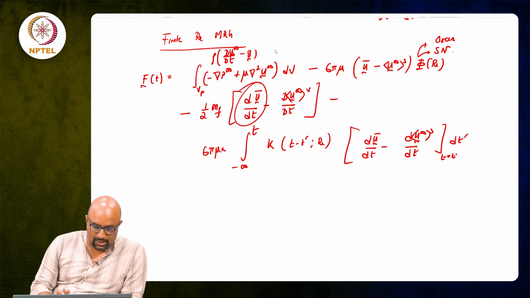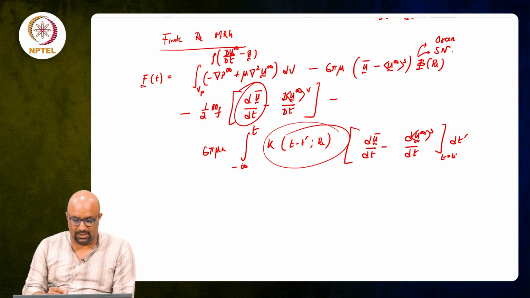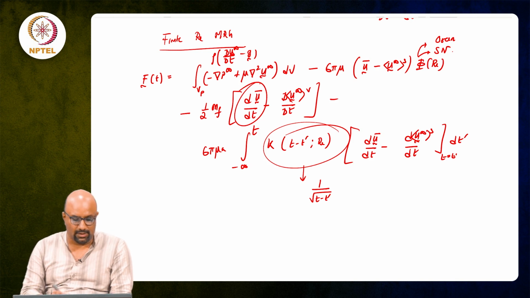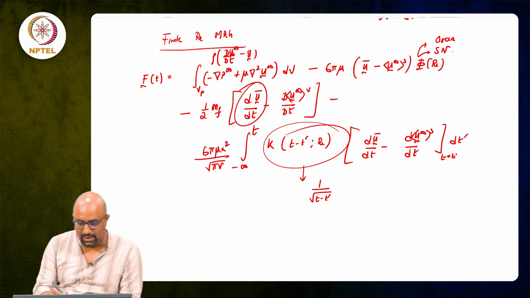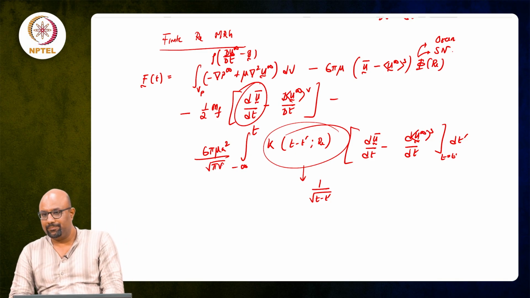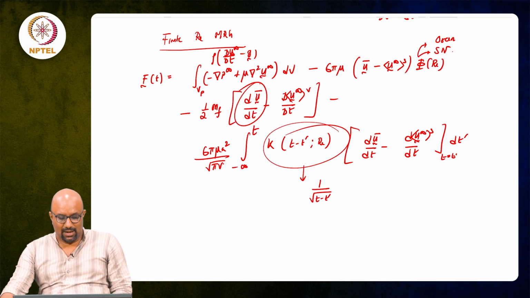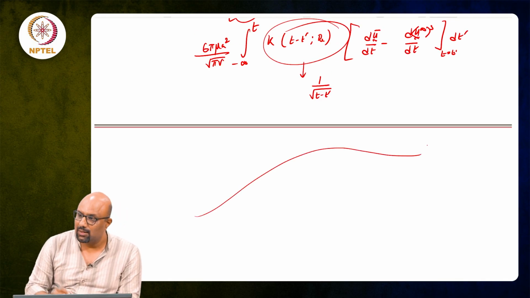now this kernel that I have written down here, this kernel, as I said earlier, is 1 by root t minus t prime, right. So, 6 pi mu a squared, square root of pi nu, and then that is root of t minus t prime. Now, this root of t minus t prime, as I was discussing when we got all of this started, is actually trying to tell you that if there is a path along which particles move.